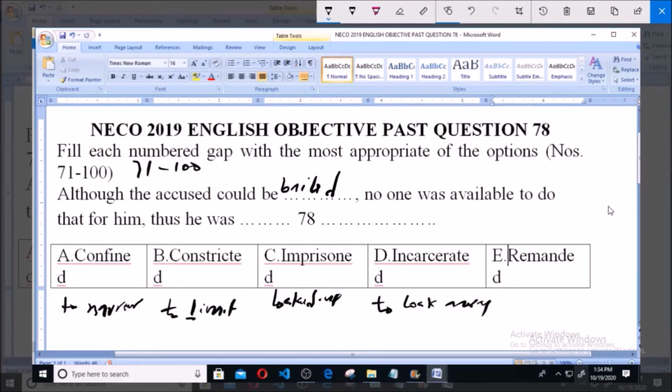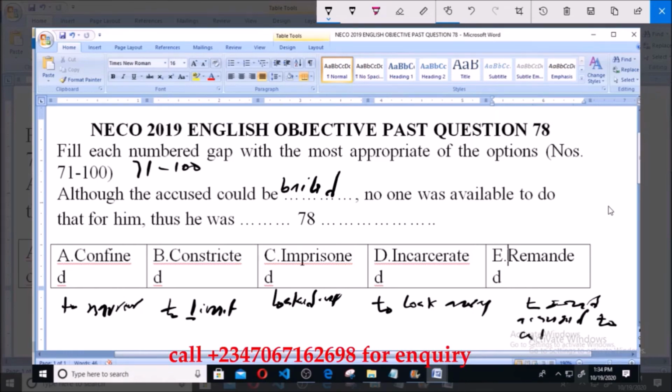Then remand means to send the accused to a cell or a prison. So thus he was remanded, that is, he will still be in that cell if there is nobody to stand for him. So option E is correct.